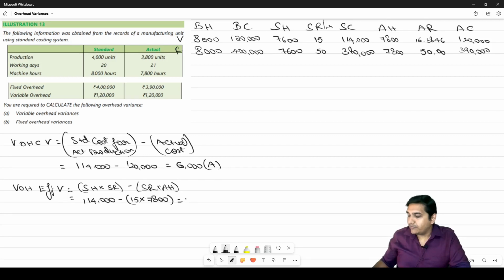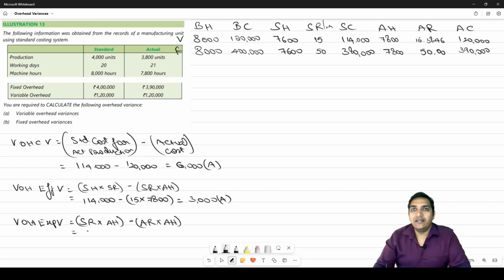So we get 3,000 adverse. Next, let us calculate variable overhead expenditure variance. What will be the formula for this? Standard rate into actual hours minus actual rate into actual hours.